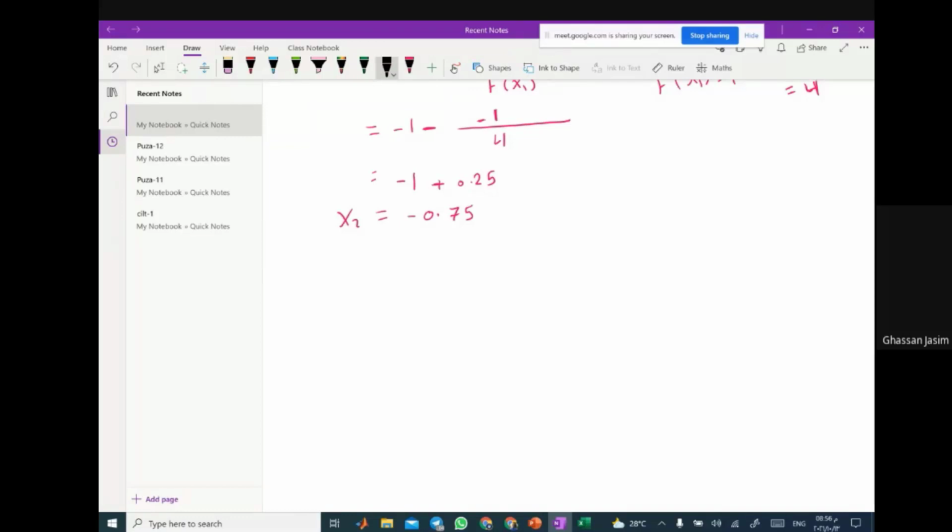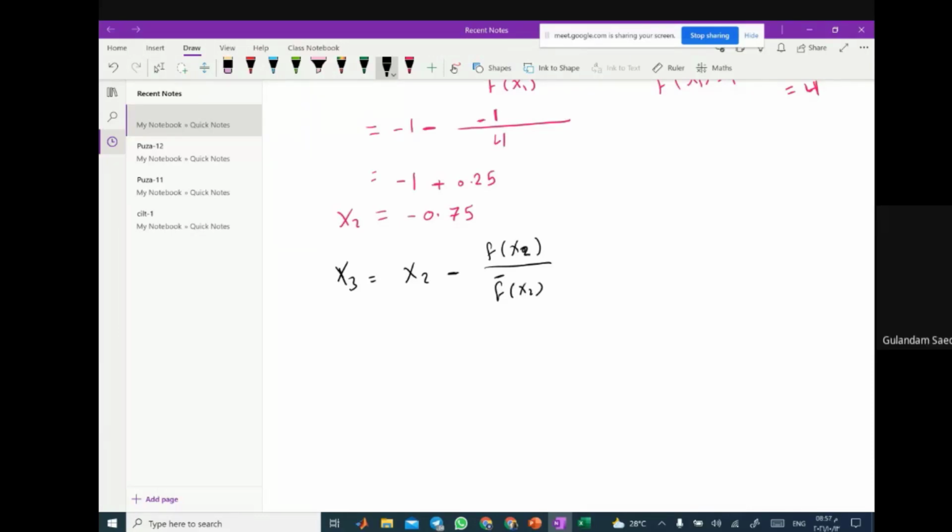Let's change the color. x3 equals what? x2 minus f of x2 over f dash of x2.